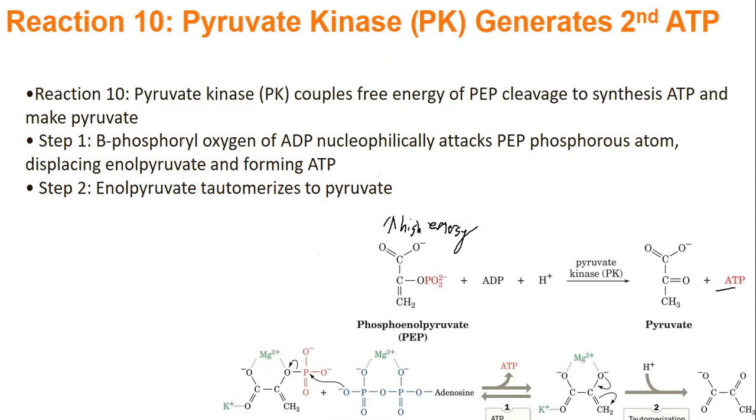And this mechanism is very similar to the mechanism of our first reaction, where we have magnesium. Magnesium is going to help stabilize all the charges, right? Magnesium is +2. It's going to interact with all these negative charges and allow for the transfer of the phosphate from the PEP, which is shown right here, to an intermediate enol pyruvate, and then finally pyruvate.